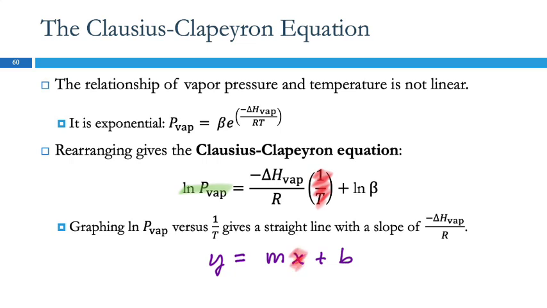So 1 over temperature is our x value. Natural log of P is our y value. And then the slope is this thing right here.